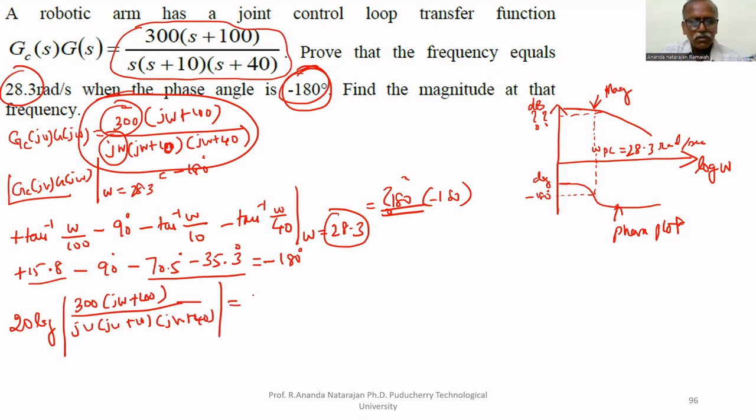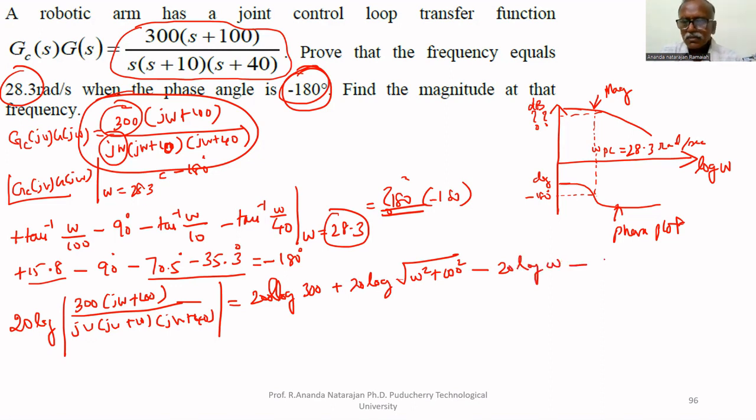That is equal to 20 log 300 plus 20 log square root of omega square plus 100 square, minus 20 log omega, minus 20 log square root of omega square plus 10 square, minus 20 log square root of omega square plus 40 square.